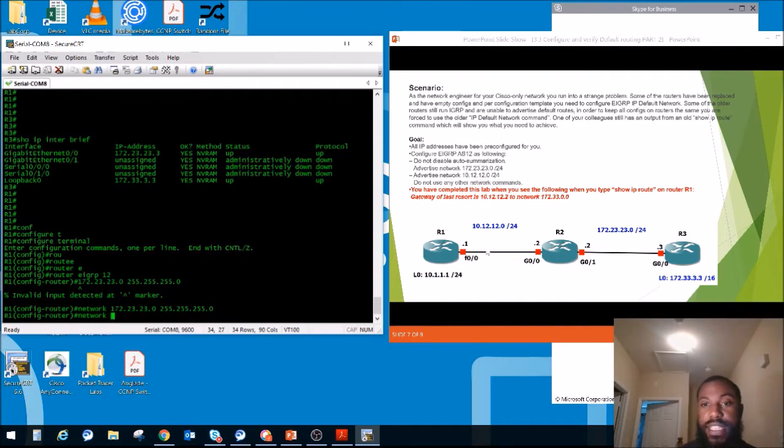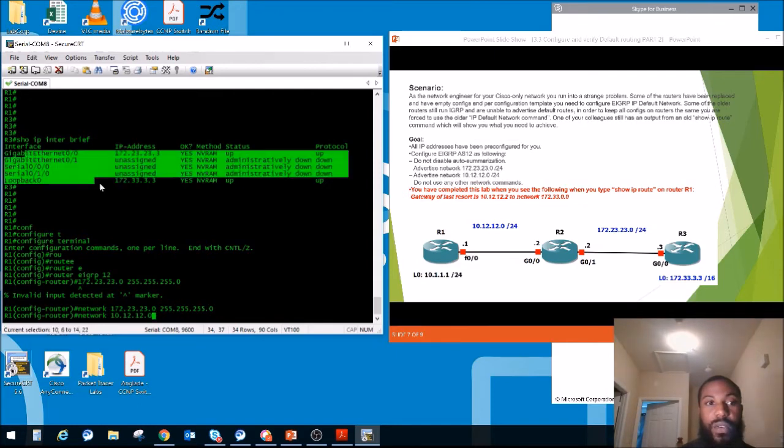We need to advertise EIGRP out of that network. This is 10.12.12.0. What interface is that? That should be the FA0/0 interface. Oh, what am I doing here?